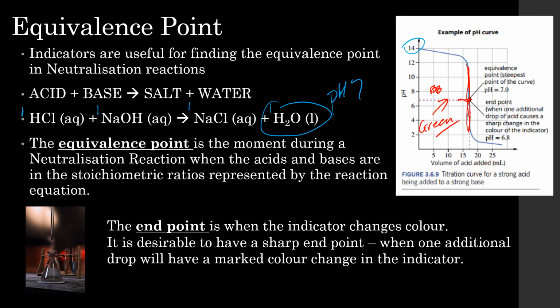So bromophenol blue could be an appropriate indicator to use, and we could determine that endpoint and the equivalence point when one additional drop causes a sharp change in the colour of that indicator. So it's desirable to have a sharp endpoint because it's going to make it easier to determine the pH value, and then we can calculate the concentration of the hydrogen ion.